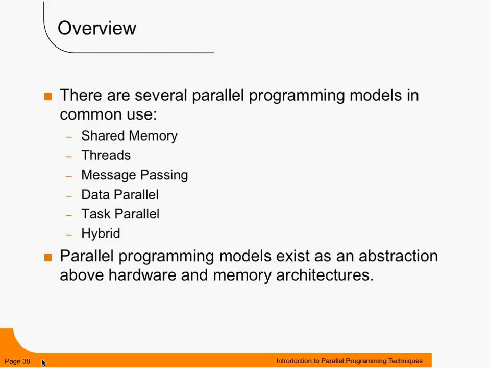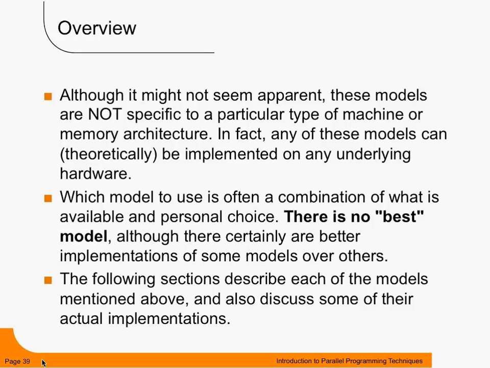As I mentioned, these models exist as an abstraction over our hardware or memory. An important thing I want to mention here is that there is no single best model for an architecture.